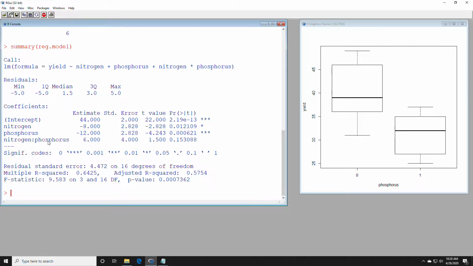So maybe when nitrogen is low, then the effect that phosphorus has isn't as much, but maybe there's some chemical reaction between nitrogen and phosphorus such that when we have high nitrogen, now whether we have low or high phosphorus matters a lot, because when we have phosphorus and nitrogen together, they interact in some way to affect crop yield, right? So that's basically understanding the interaction.